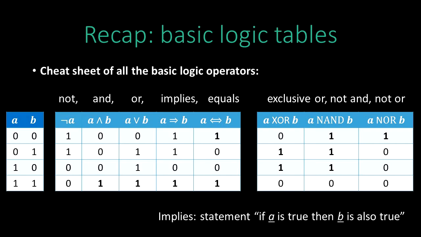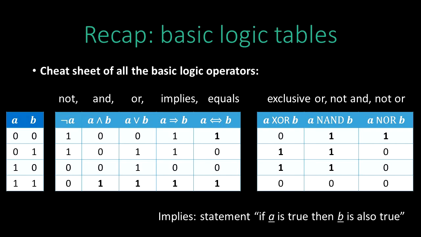And then we have some slightly more complicated ones, but still just additions to the basic ones. That would be exclusive OR, which is true only in the cases that one or the other is true, not when both are the same, or both are 1 or both are 0. Then NAND and NOR, which are the negation of AND and the negation of OR.